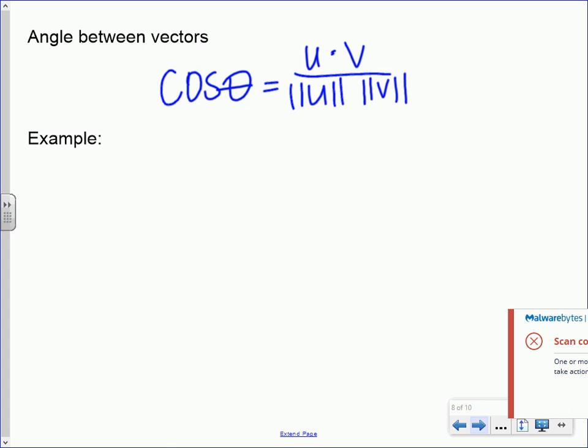Okay. So if I give you 2 vectors, okay. Now remember, this is always going to find us our quickest angle.